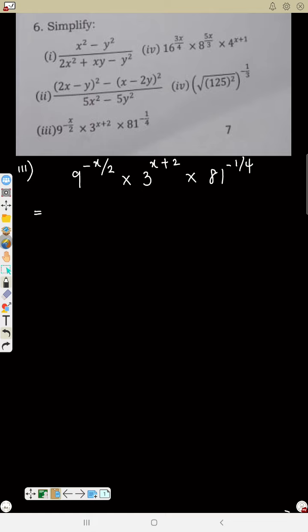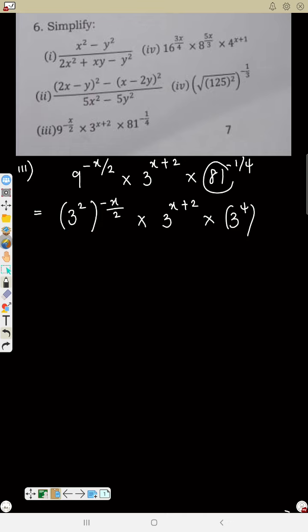Change everything to index form. This will be 3 square raised to power minus x over 2, times 3 raised to power x plus 2, times 3 raised to power 4, since 3 raised to power 4 is 81, raised to minus 1 over 4.